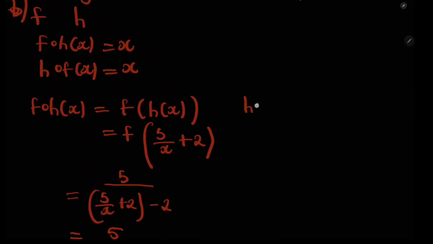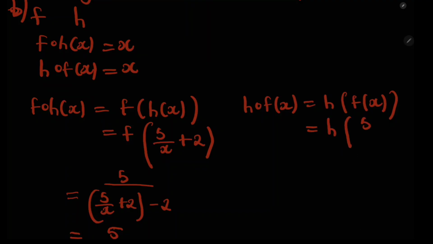Let's check for h of f of x. Let's see whether it will give us x. This is h, and our f of x is 5 on x minus 2.